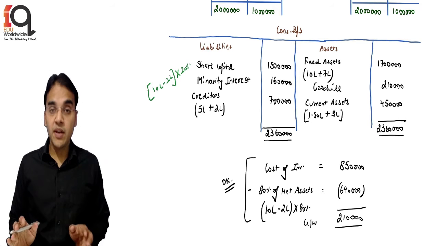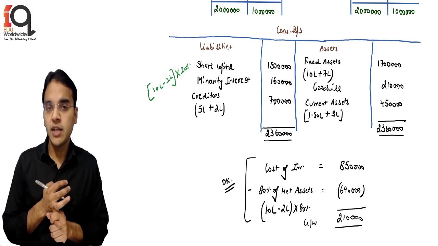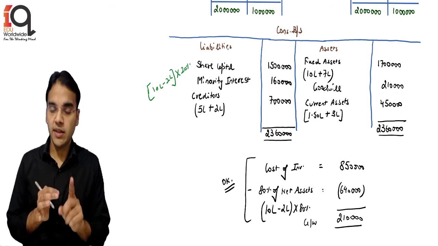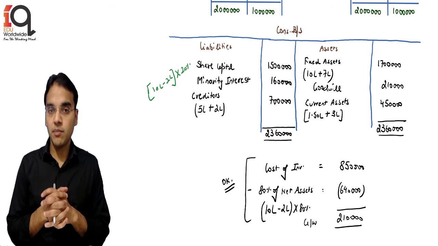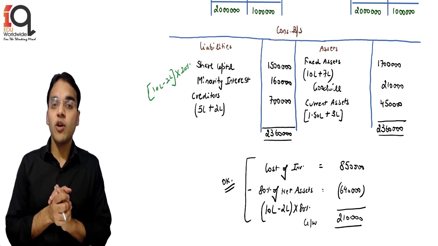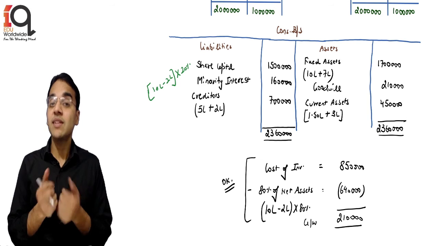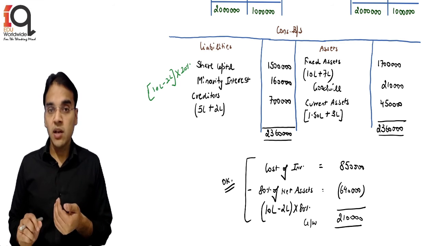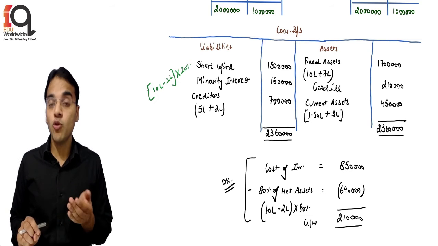So what have we learned in this example? In example 1, very easy, 100%. We understood concept number 1, that we are just replacing the investment with the net assets of the other company, and the difference is your goodwill or capital reserve. In the next example, the relationship can obviously be less than 100%. In that case, as per S21, we are doing full consolidation.